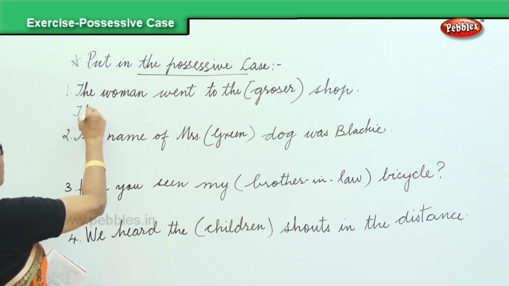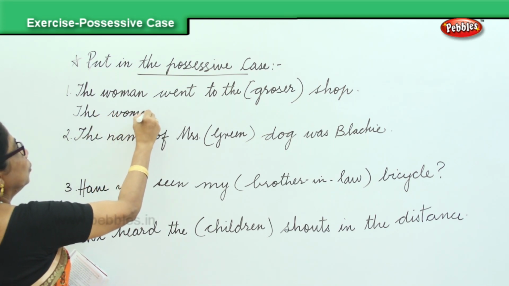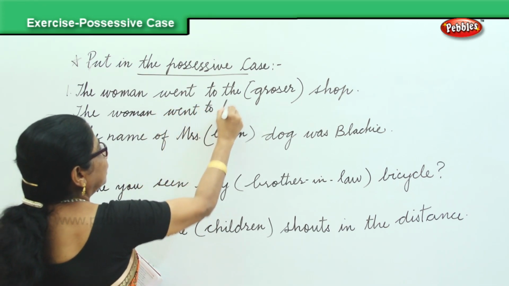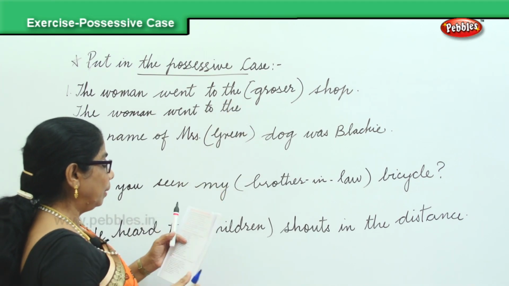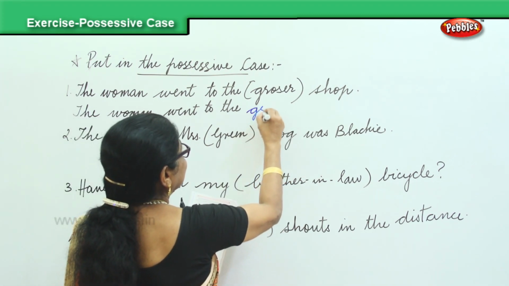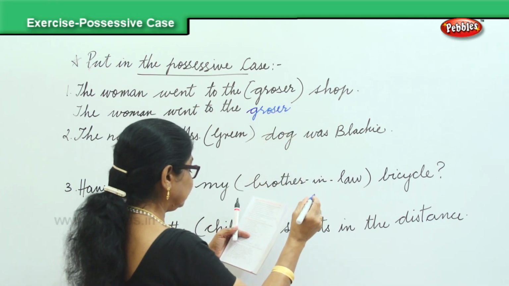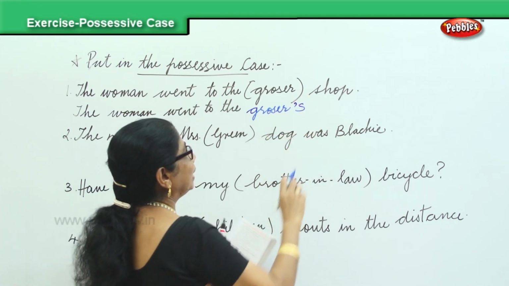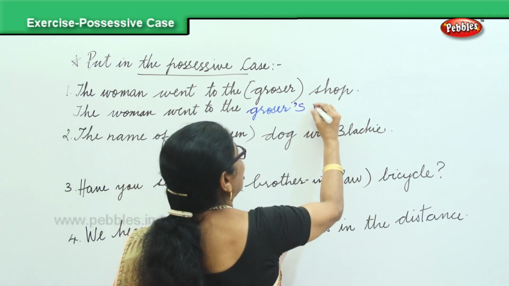The woman went to the grocers. Put an apostrophe outside and you will write, the woman went to the grocer's shop.